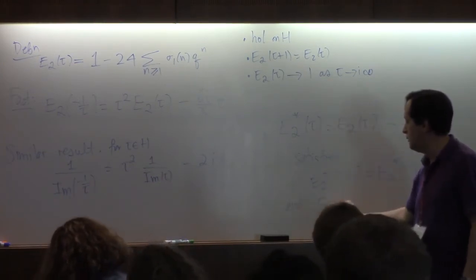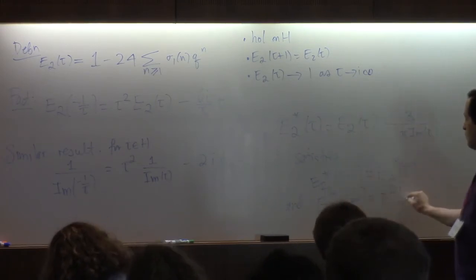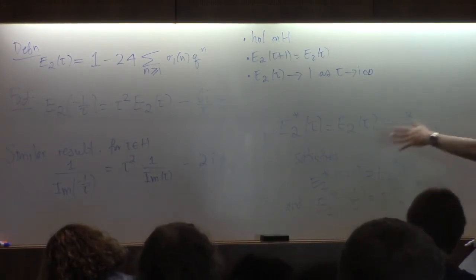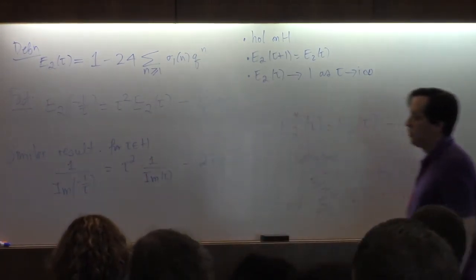And also, its value at minus 1 over tau is tau squared times its value at tau, because of the extra funny term: by putting a 3 over pi in throughout, when you subtract them off, this extra term disappears.